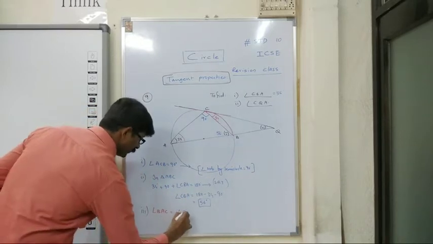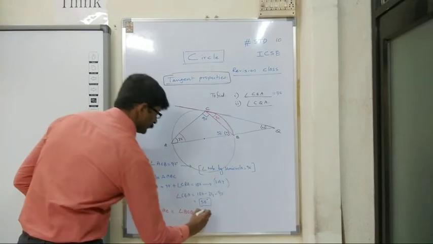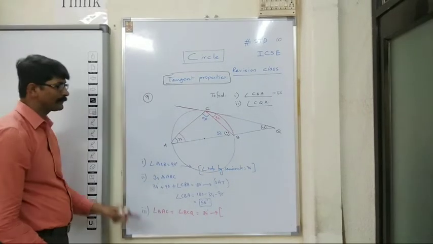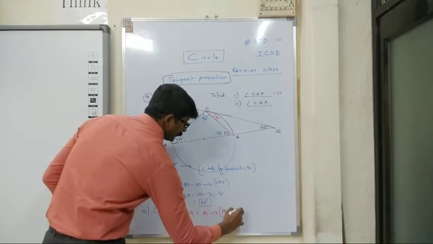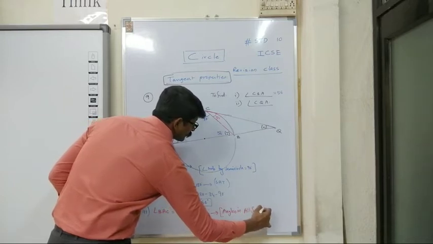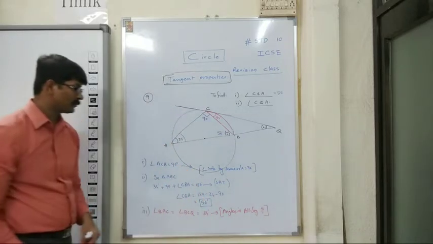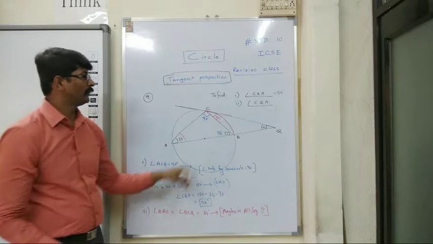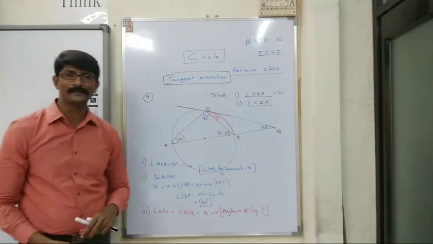Why? What is the reason behind this? Why is this 34? Because angles in alternate segments are congruent. Once you have got these as 34 degree, 34 plus this part 2 is supposed to be 56 degree. Isn't it simple?